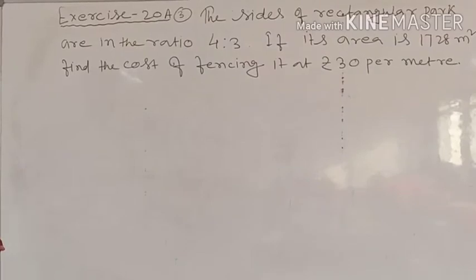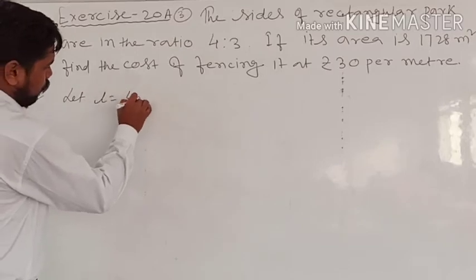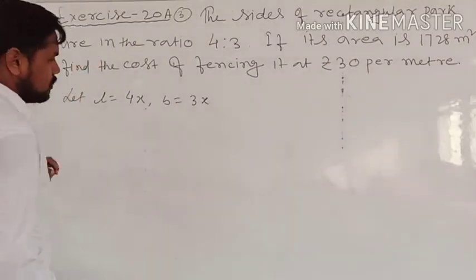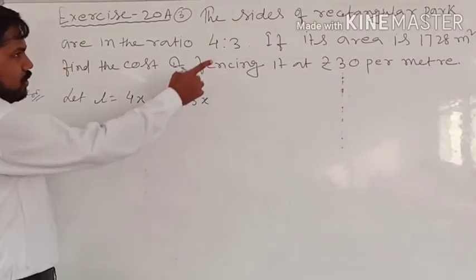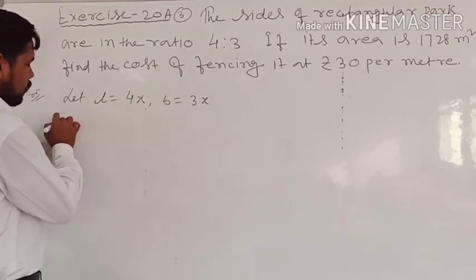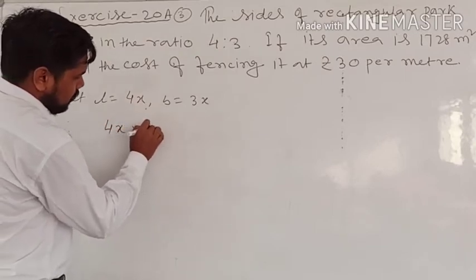Because the ratio is given, we will consider L is equal to 4x and B is equal to 3x. So length and breadth we know, length into breadth is equal to the area which is given. So here it will be 4x multiplied by 3x.